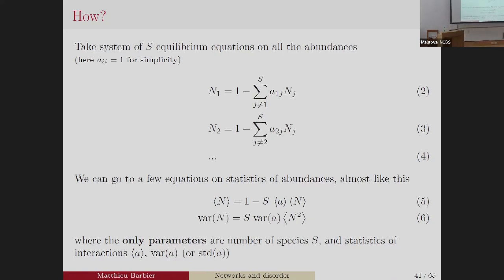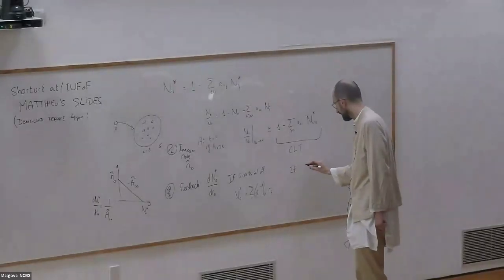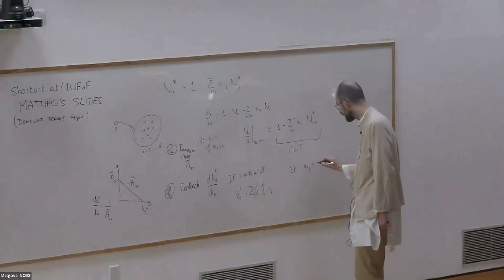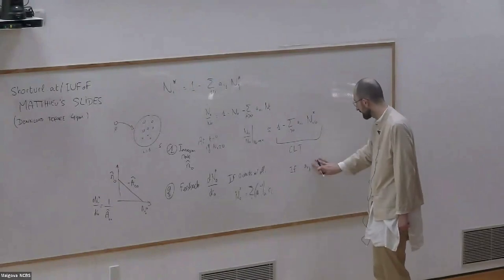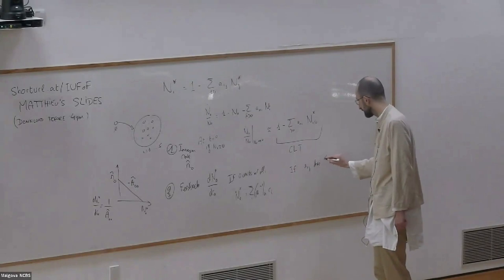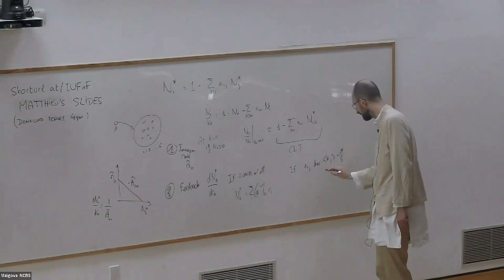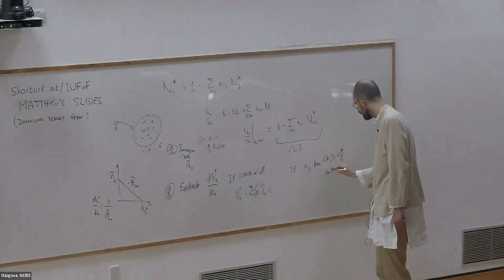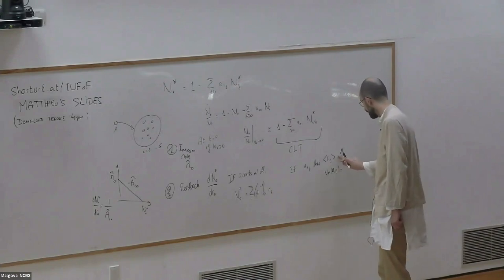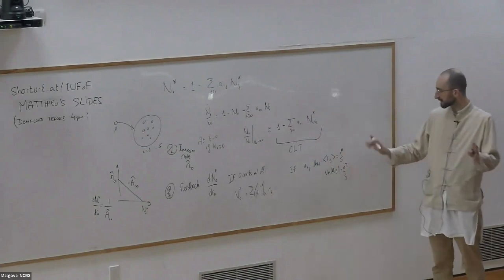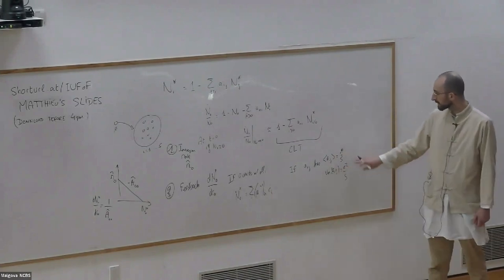Why? Because it turns out that if Aij is distributed as whatever you want, so that the average of Aij is mu over S, and the variance of Aij is equal to sigma squared over S, where mu and sigma are just parameters of order 1.